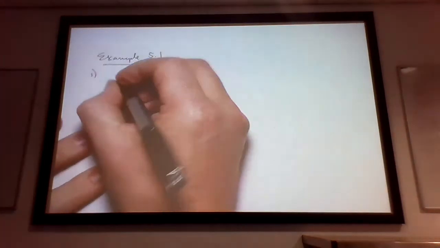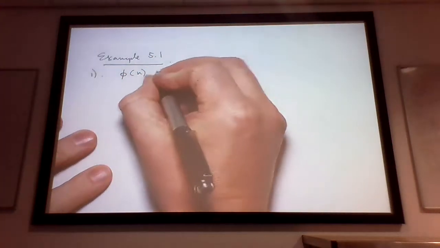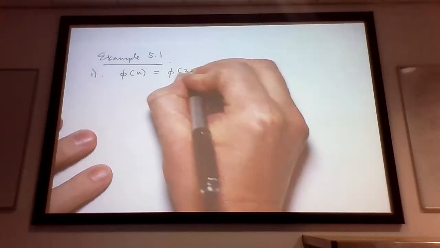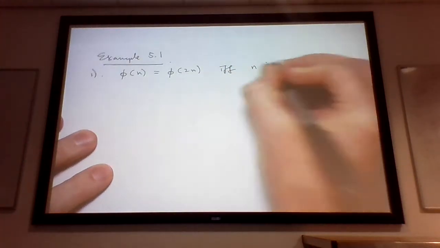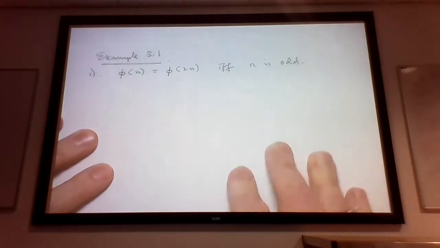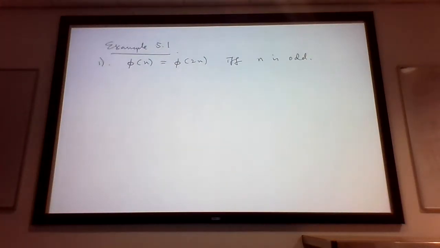Some other properties of phi. So this is number 1: phi of n equals phi of 2n if and only if n is odd. Well, this is quite an interesting result.